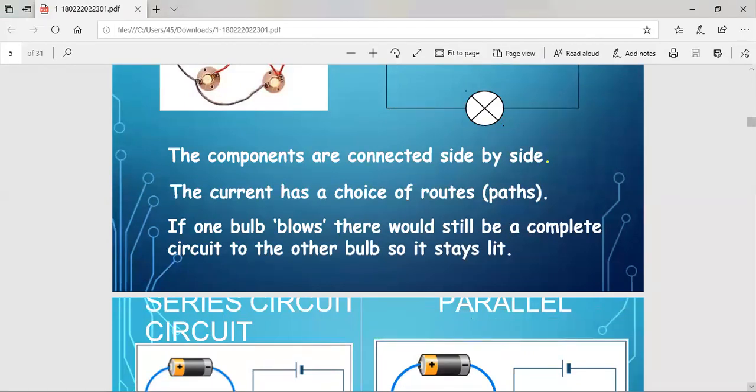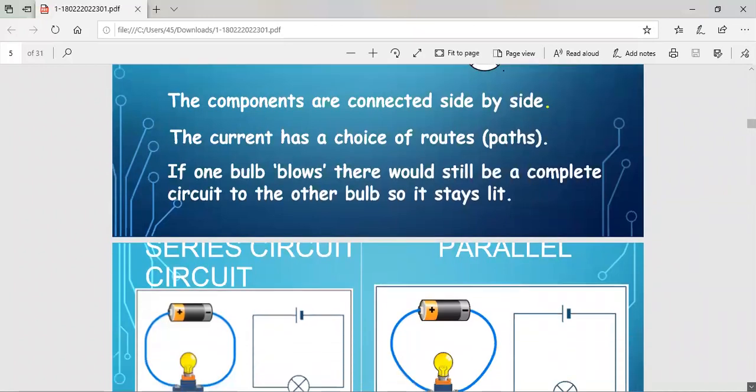And when we started to talk about the parallel circuit, we said that this is not going to happen again here, because in the parallel circuit, the value of the electric current will not be the same. So the resistance is the same, but the value of electric current is not the same, okay?